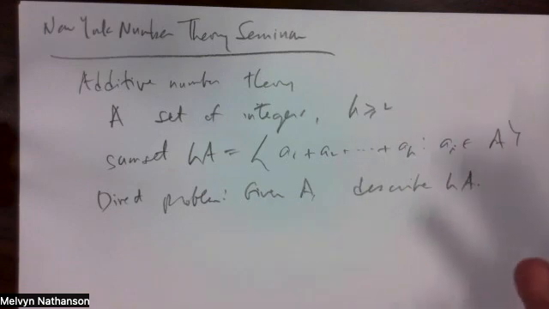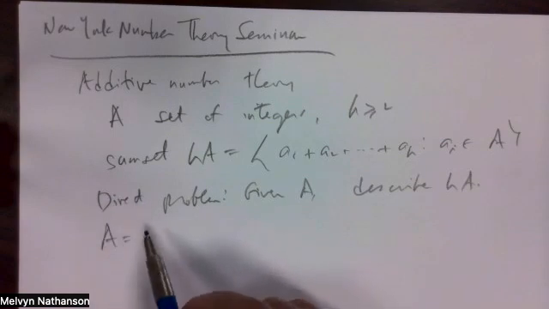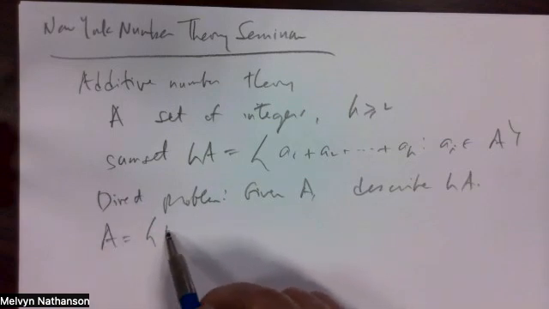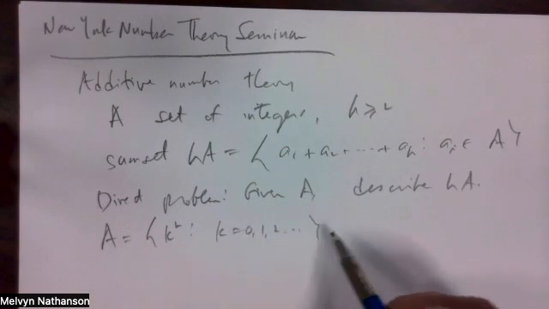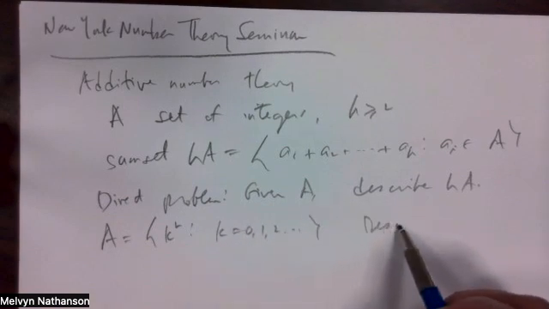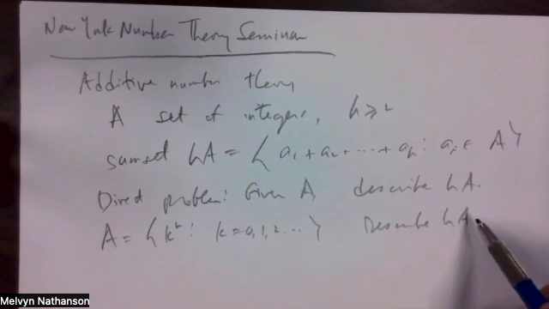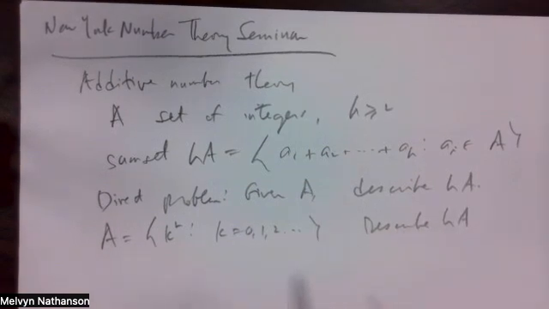So many classical problems in number theory fit into this scheme. For example, if A is the set of squares, then to describe HA is to ask what numbers can be written as sums of H squares.